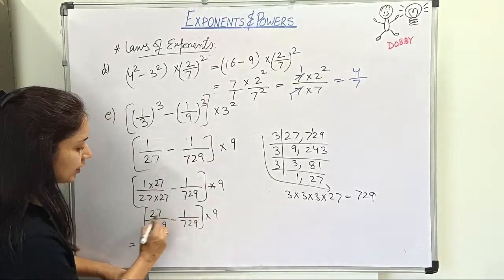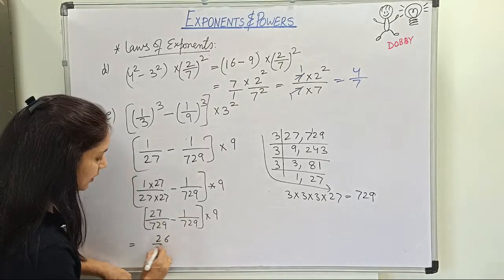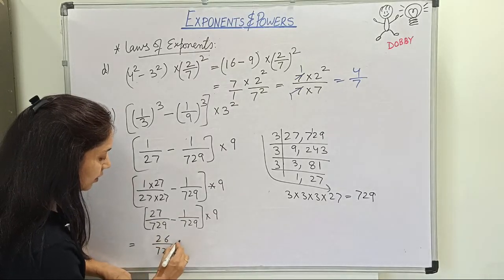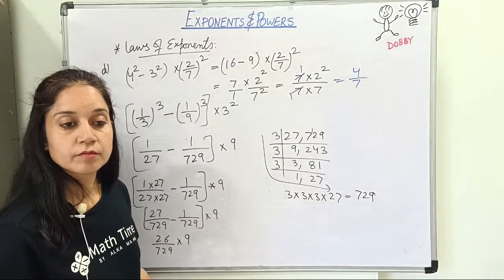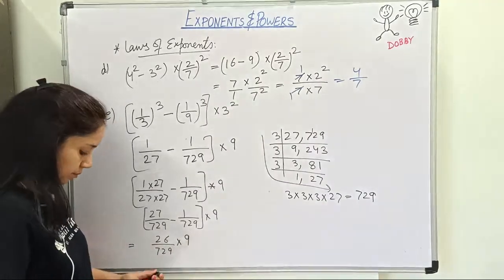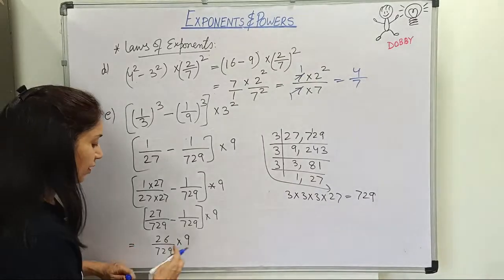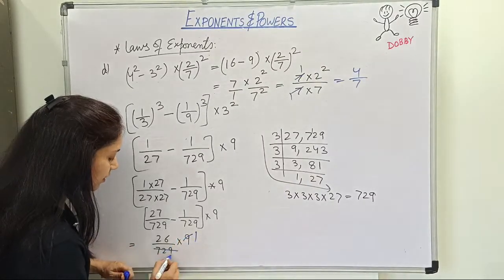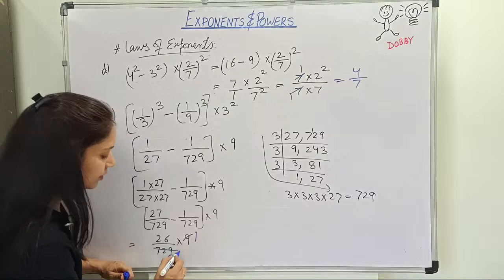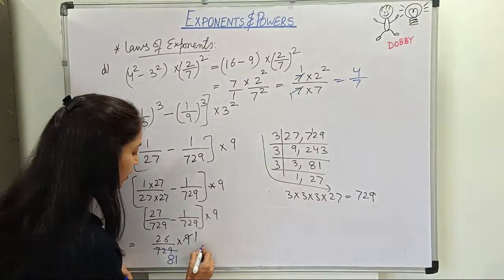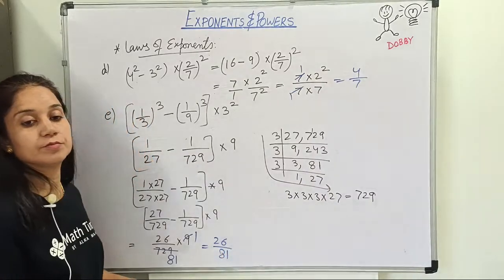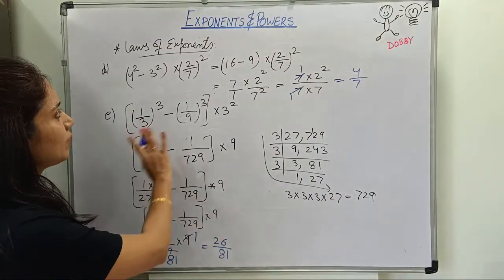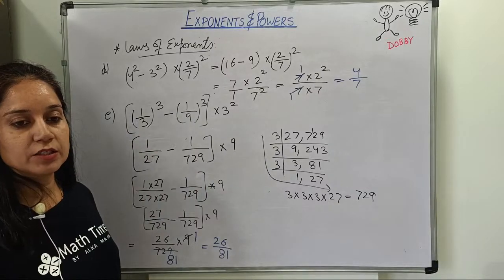What does it become? 27 minus 1, 26 upon 729. Multiply by 9 outside. Cuttings. 9 ones are 9. 9 eights are 72. 9 ones are 9. It becomes 26 upon 81 is the answer. Simplify. This way we have done this question.